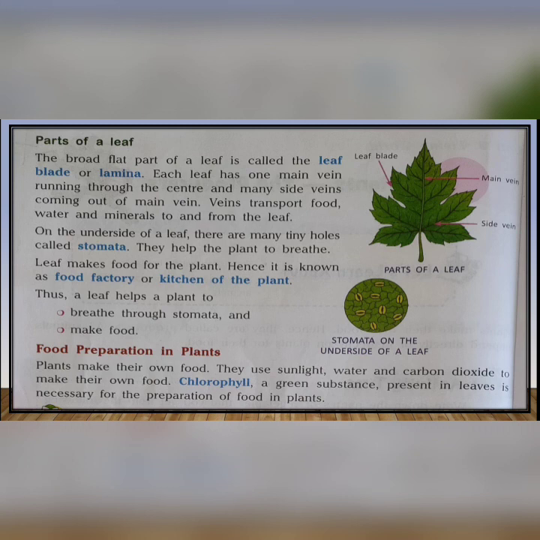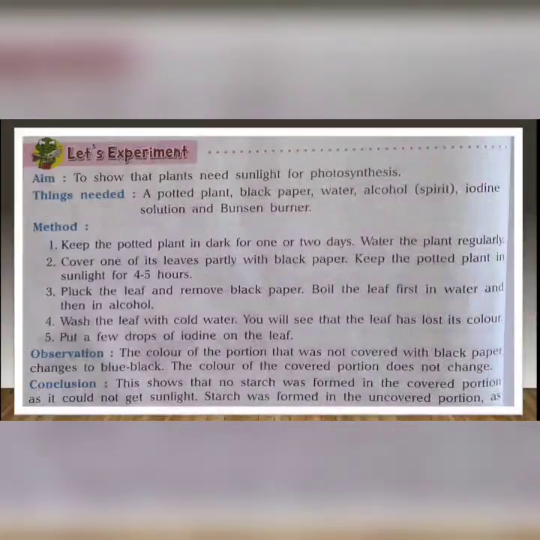Chlorophyll is a green substance which is present in the leaves, and it is also necessary for food preparation in plants. Next we are given an experiment to prove that plants need sunlight for photosynthesis.